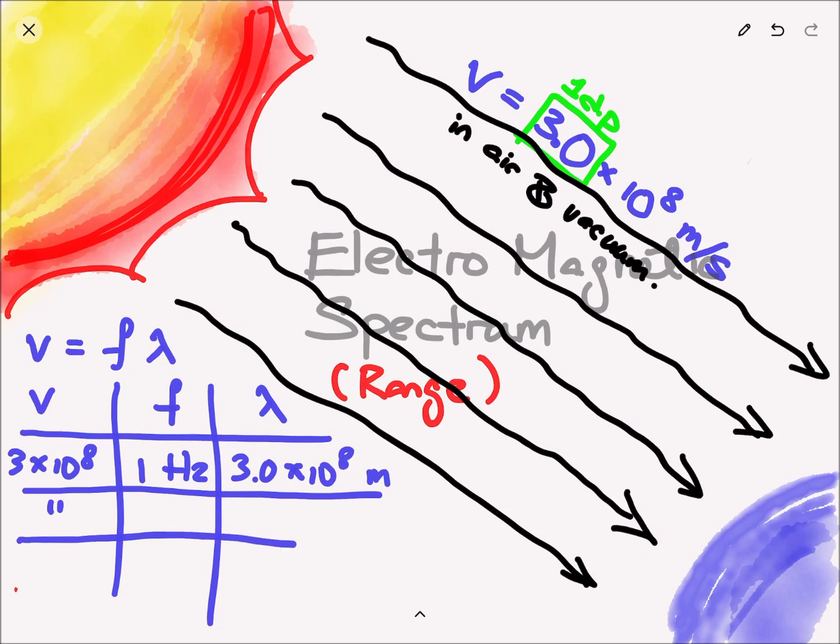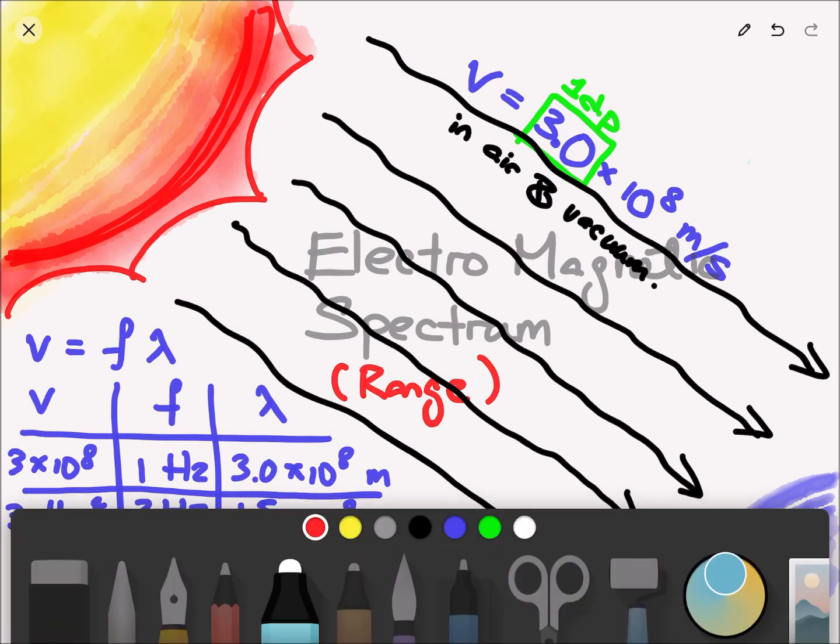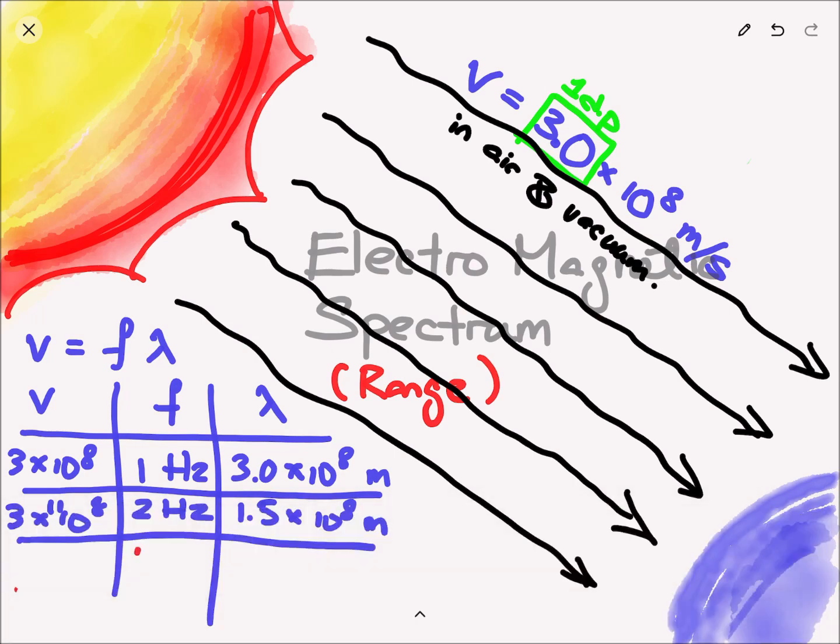Similarly, if my frequency is higher, my wavelength can decrease, and I will get back the same 3 times 10 to the power of 8 meters per second. So I can have a wave of very high frequency but low wavelength. It still fits within the spectrum. And of course, I could have vice versa.